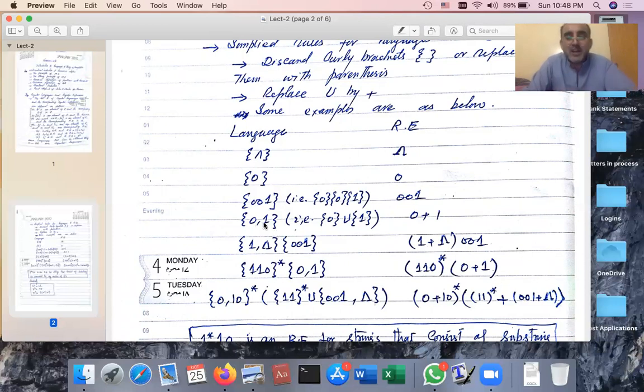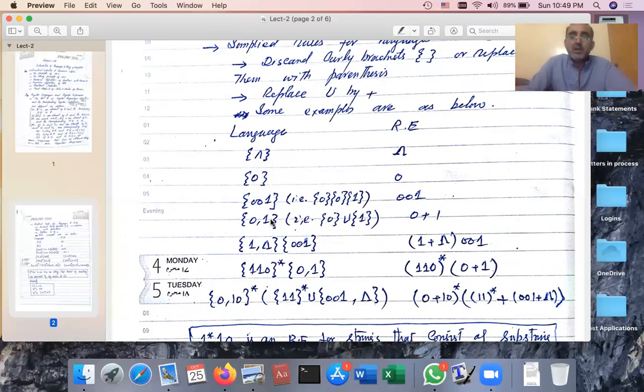Similarly, for {0, 1} in curly braces. Here, comma means: whenever you see a comma in the definition of a language, in the mathematical definition, this is a mathematical definition, not a theoretical statement. Sometimes I will give you languages in theoretical statements, like in sentences, and then first you have to convert those sentences into a mathematical definition, and then convert it into a regular expression.